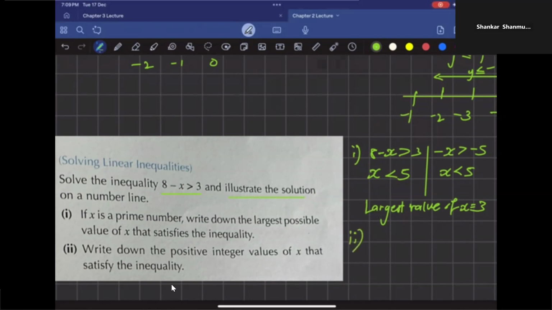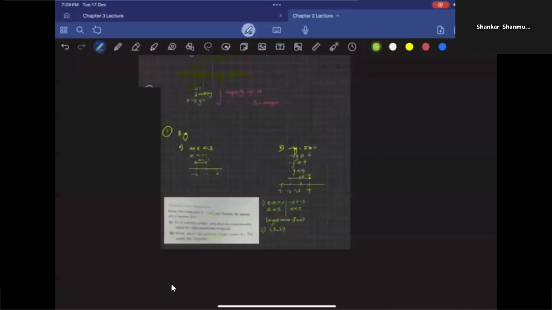Okay, part 2. Write down the positive integer values of x that satisfies the inequality. So positive integer value. So it's just 1, 2, 3, and 4. Okay. 5 is not included because it's not less than or equals to. So this is a typical linear inequality question.